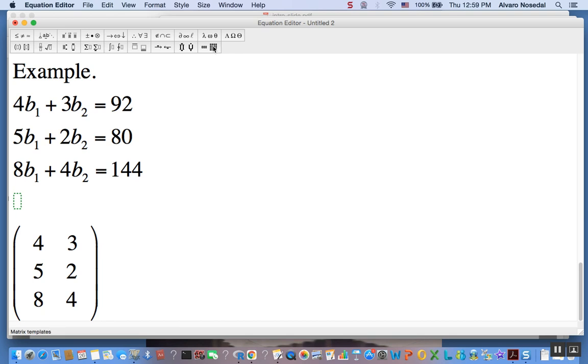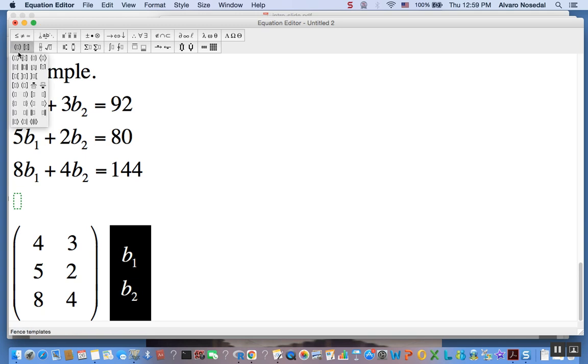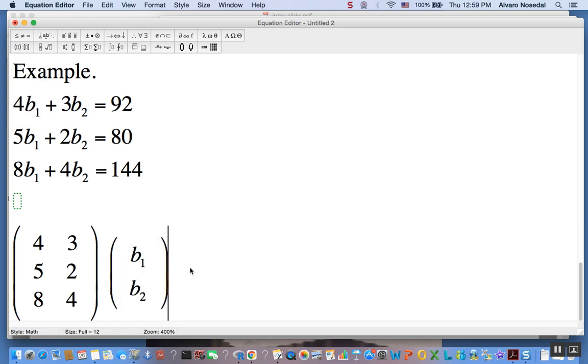And we have b1, we have b2, and we have a 3 by 1 matrix here.